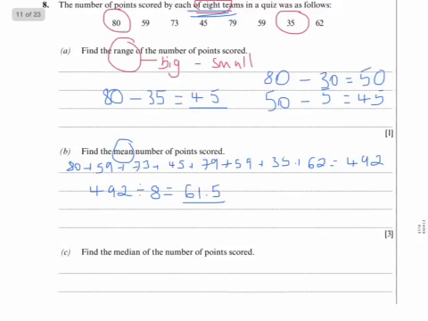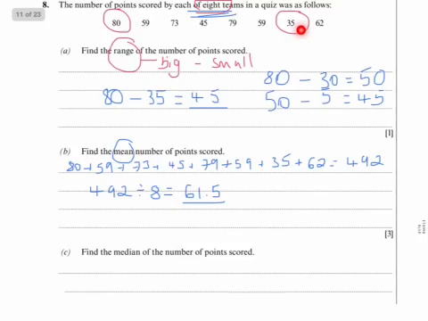And that means that the average, the mean, is 61.5. Our value, the number that we have here, must be between 80 and 35. If it's not, then you've done something wrong.